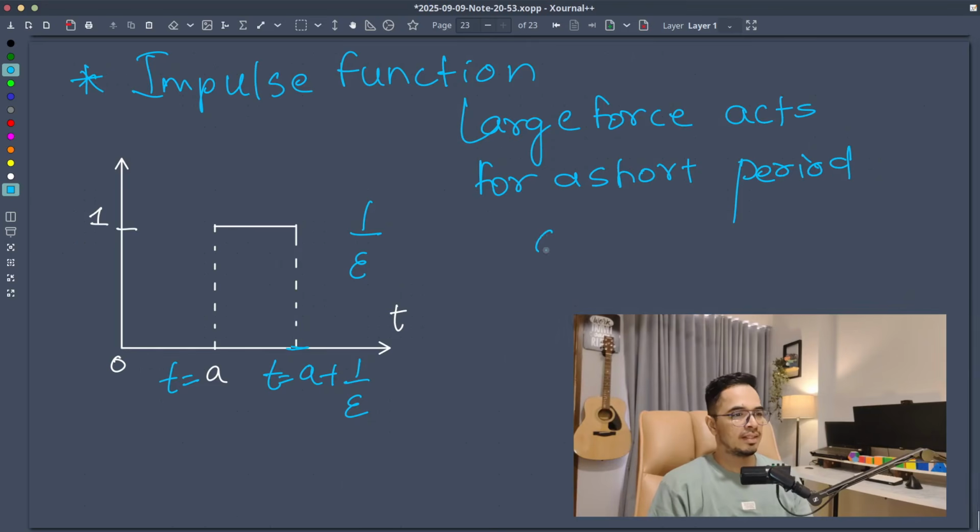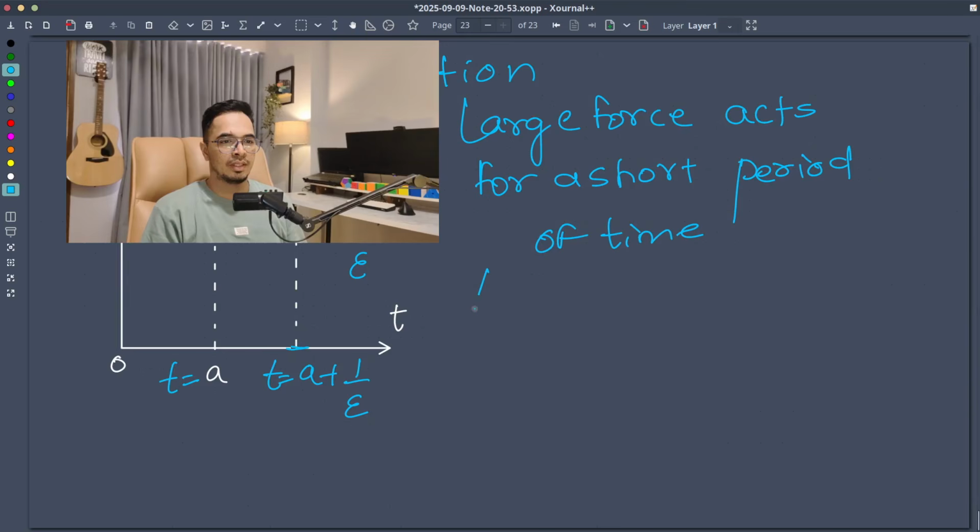They are in contact for a very small period of time, and a very large force is imparted on the nail. So when a large force acts for a short period of time, the product of that force and the time is called impulse. And the impulse function is a representative of that aspect.